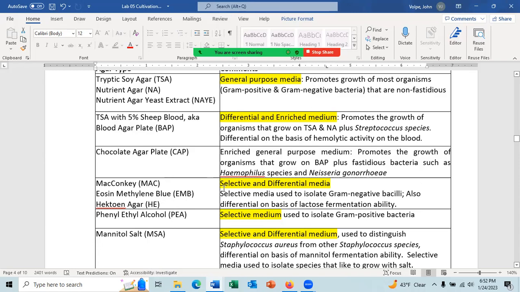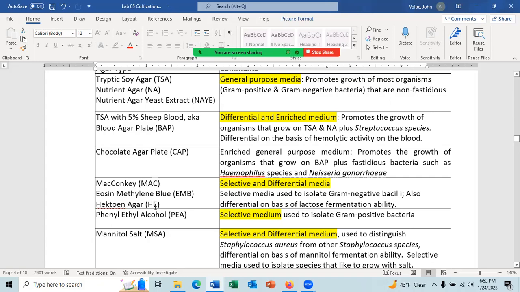They select against gram-positives. They're differential on the basis of their ability to ferment lactose. They'll be a different color if they can ferment the sugar lactose than if they cannot ferment the sugar lactose. And the color will be dependent on what plate we're talking about.